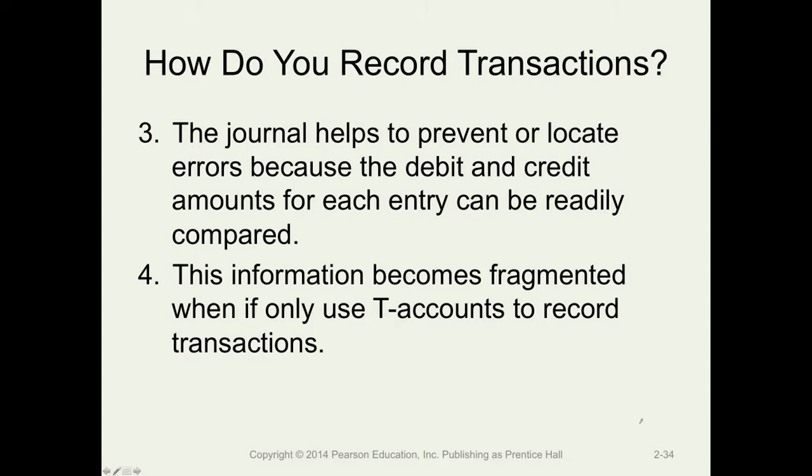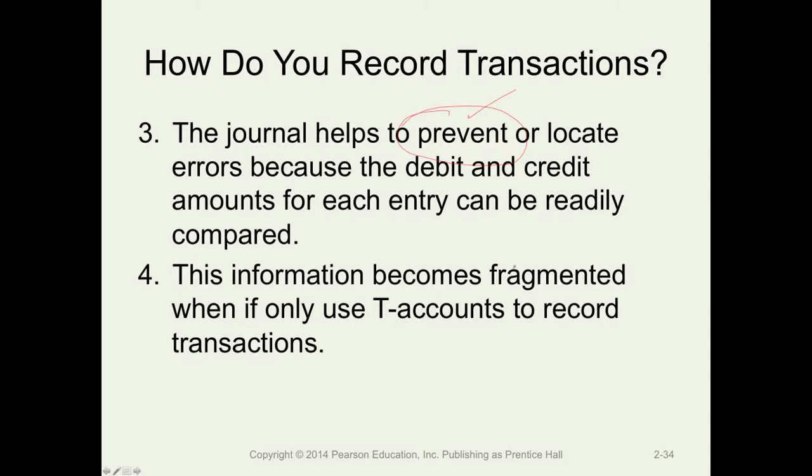It also helps us locate errors because the debits and credits for each entry can be easily compared. You have to think about when you record, if you have the transaction on one page or in one place, it's easy to see that the debits and the credits can be equal or should be equal.